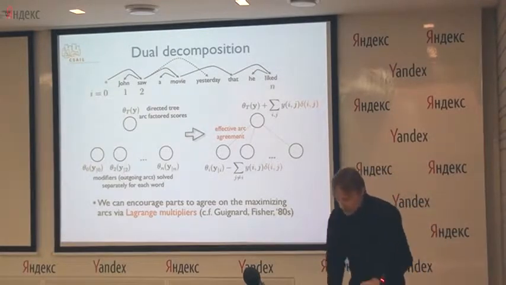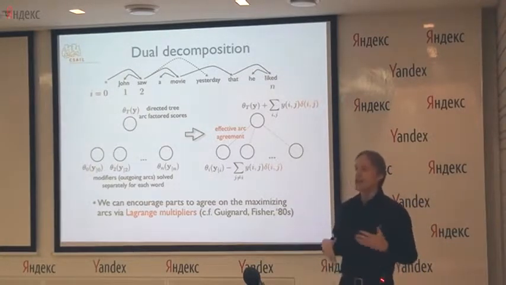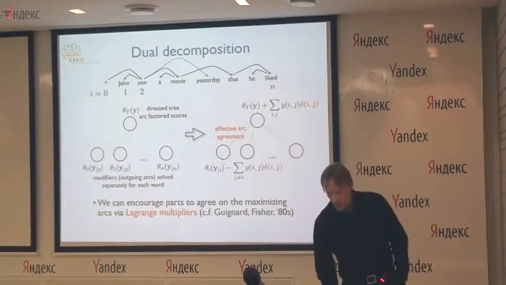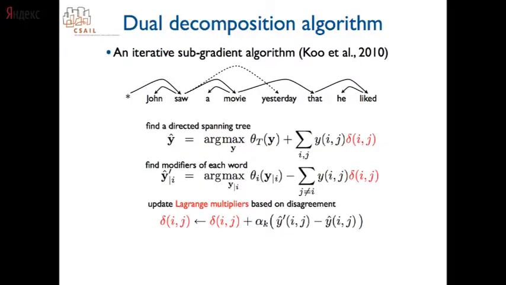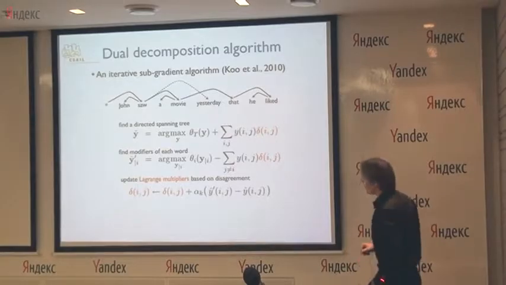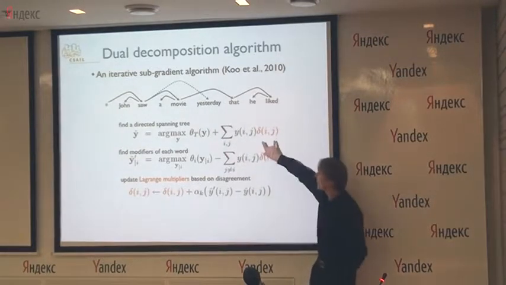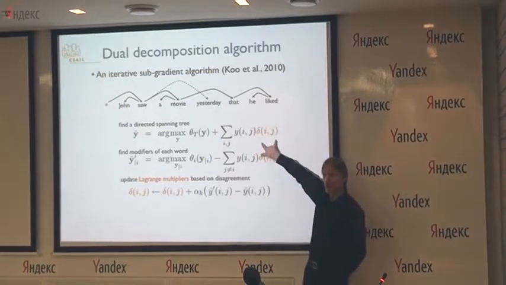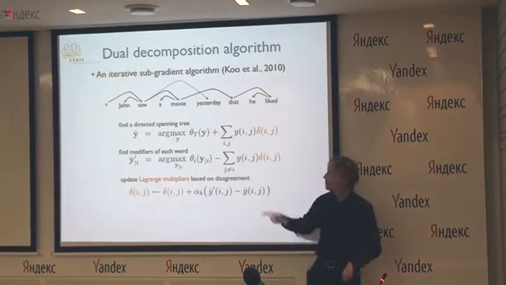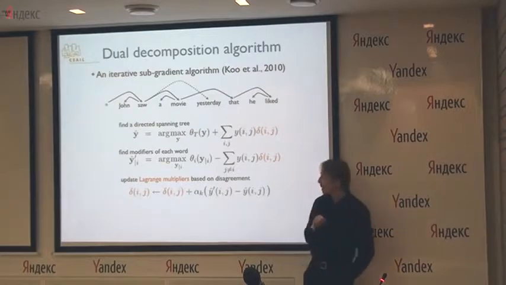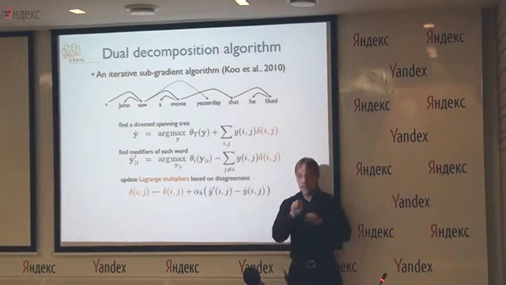All right? So just algorithmically, just to show that this is actually very simple to implement, here's the whole algorithm. We have the tree expert. In each round of the algorithm, the tree expert finds the highest scoring tree based on the scores that are factored according to the arcs. That's the problem we can solve, a polynomial time solvable problem. Now, for each word, we do the same thing.